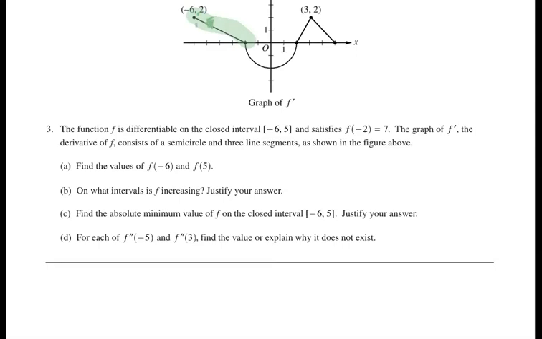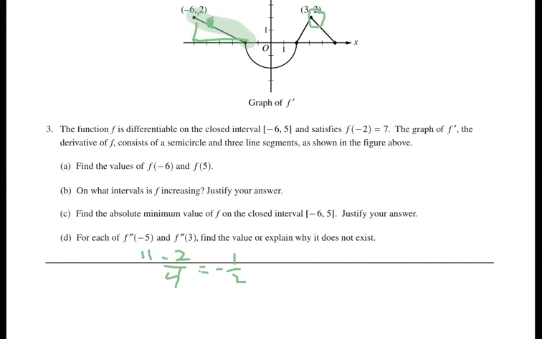So I'm going to go down 2, right 4. So f double prime is down 2, right 4, which is negative 2/4. You can reduce it to negative half. You could even plug in the negative 6 and the negative 2 in the slope formula and show where that comes from. Now f double prime of 3 is right here.